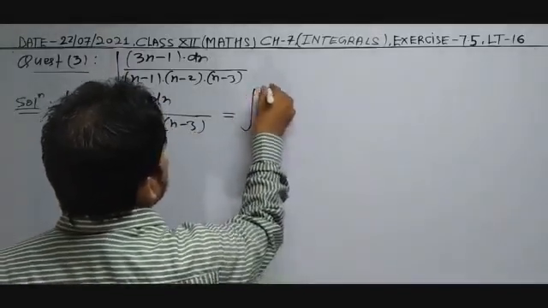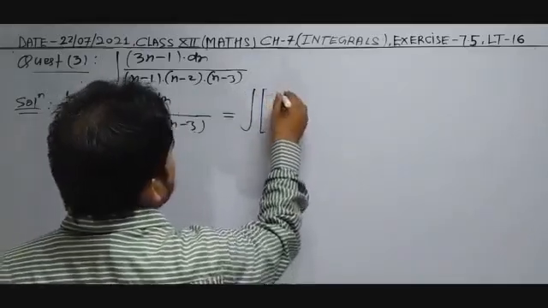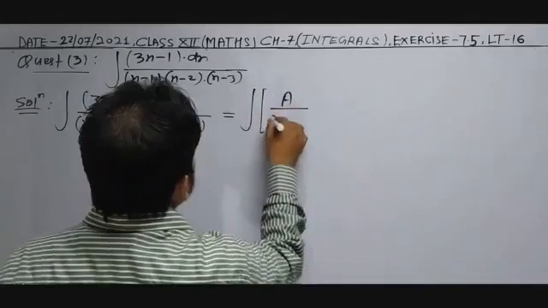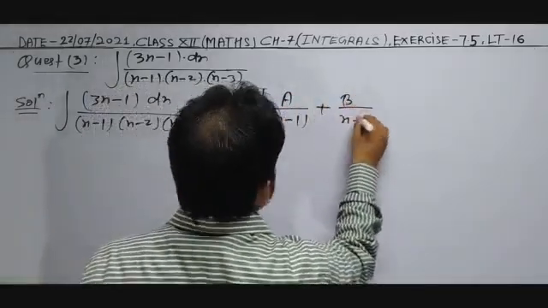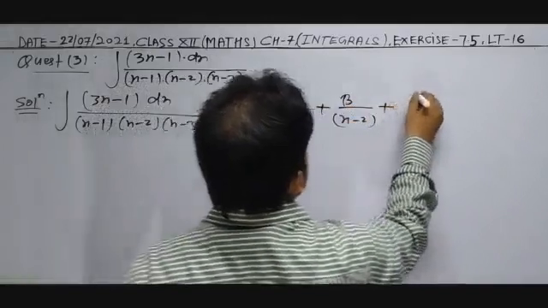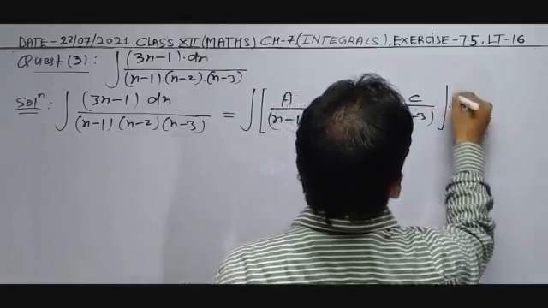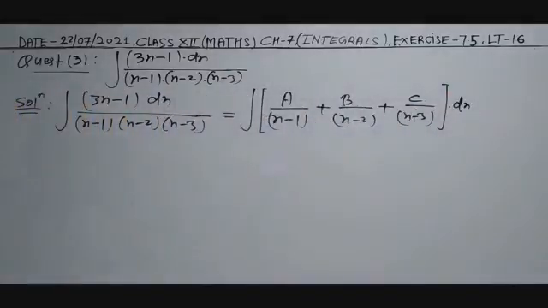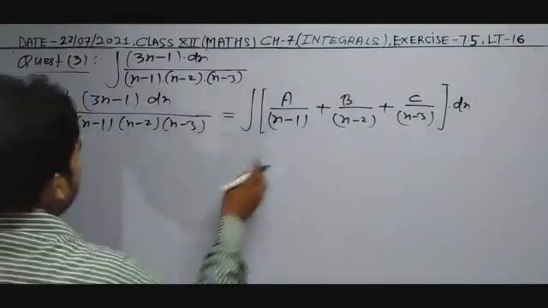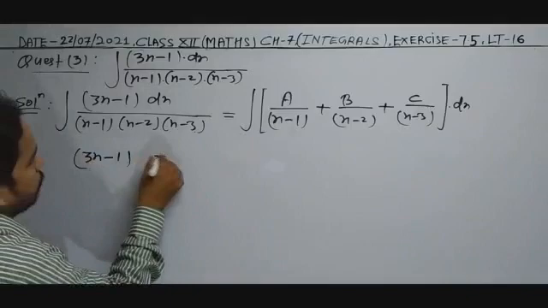So the integration of [a/(x-1) + b/(x-2) + c/(x-3)] dx. After taking the LCM and cancelling the denominator, the result you will get is 3x-1 equals a(x-2)(x-3) + b(x-1)(x-3) + c(x-1)(x-2).